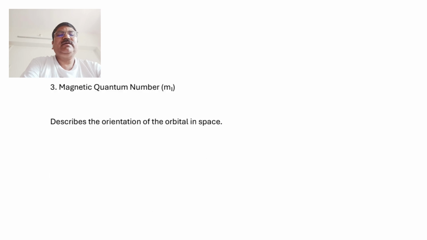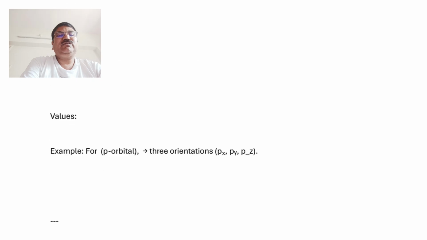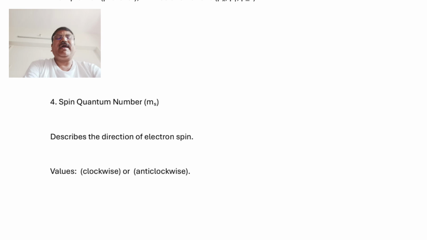If done, then the magnetic quantum number shows orientation. And the fourth one is the spin quantum number, that is s. It stands for ms, the spin quantum number. The spin quantum number describes the direction of spin of electrons. If it is spinning in a clockwise direction, it is denoted as plus one half. If it is rotated anti-clockwise, it is known as minus one half.